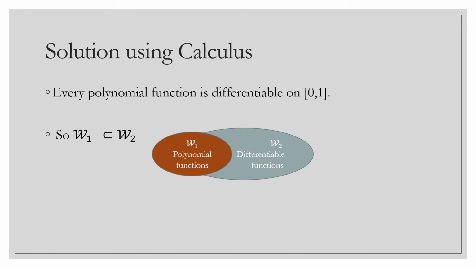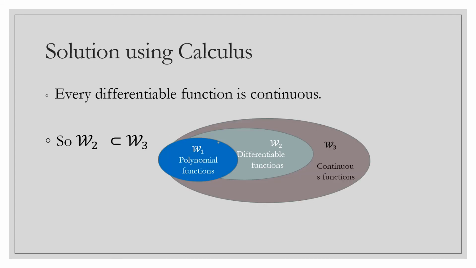So W1 is a subset of W2. W1 is contained in W2. And again, using calculus, we know that every differentiable function is continuous. So W2 will be contained in W3.